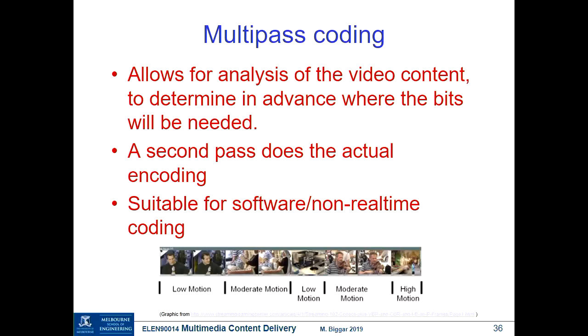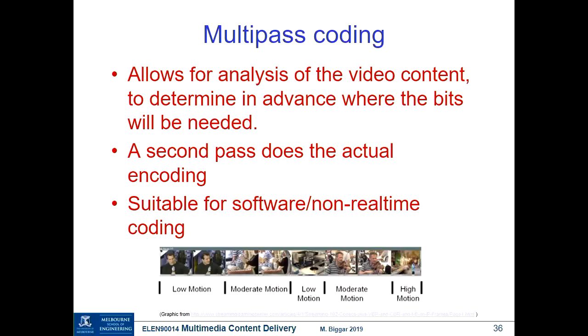So my encoder can go through this video and analyse it and say, well, there's a low motion part, we don't need many bits for that. We need to save them for this bit because there's a moderate amount of motion here, and here we find there's a high amount of motion. So if there's a high amount of motion, we need a lot of bits, so we'll try to save them a bit during here, and so on.